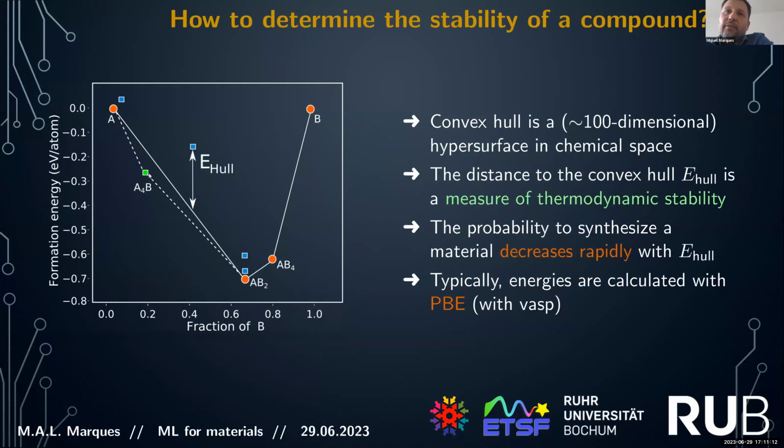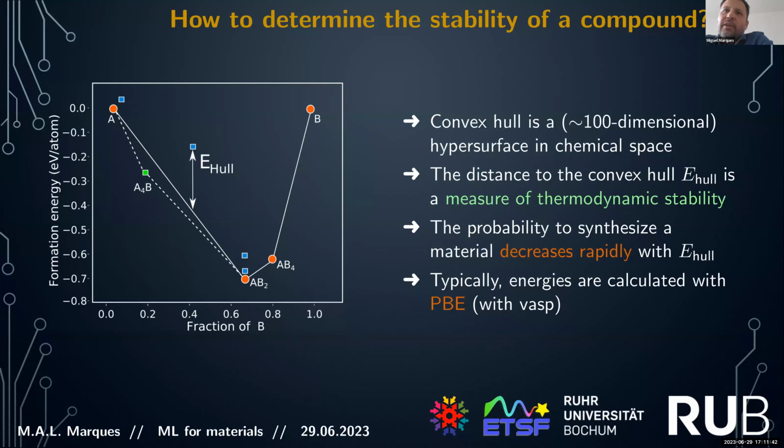Now, the convex hull will be this dashed line here, and it is the line, or the surface, that connects all compounds that are thermodynamically stable, that cannot decompose. The distance in energy from a certain compound to the convex hull gives us an idea of how stable, or how metastable, which is the correct term, a compound is.